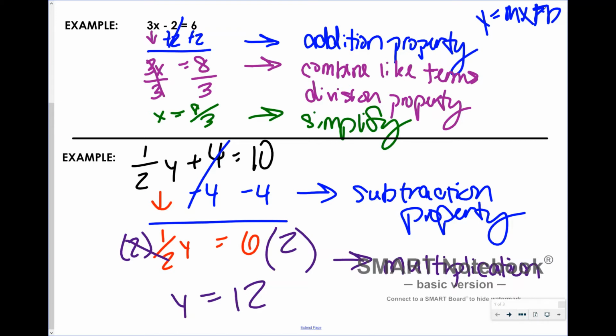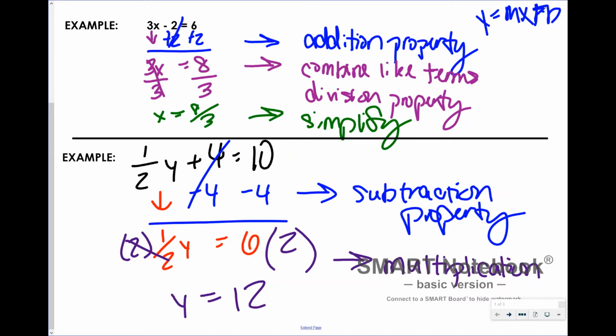So I'm going to have to multiply by whatever I have in the denominator, which is 2. So multiply 2 with the 1/2. And whatever I do to one side, I have to do to the other side. So I got to carry the 2 right beside the 6.